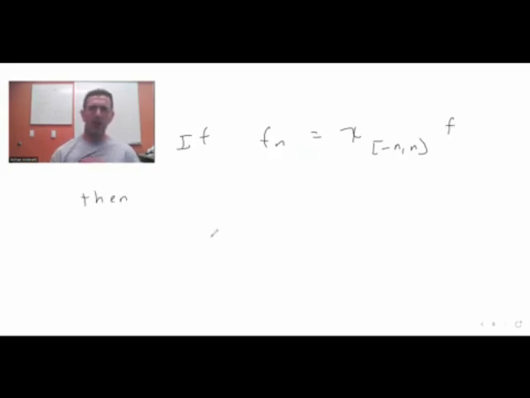So one thing I want to do: F is in LP, so it is finite almost everywhere. I want to redefine F to be 0 where it was originally plus or minus infinity, or where either the real or complex part is plus or minus infinity.